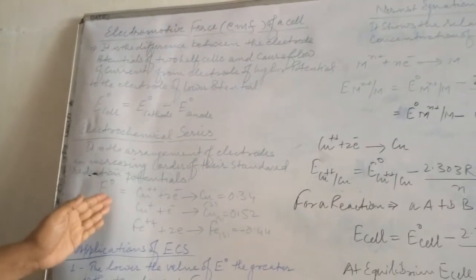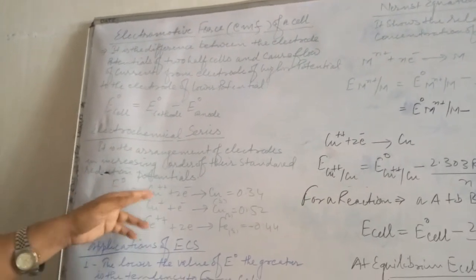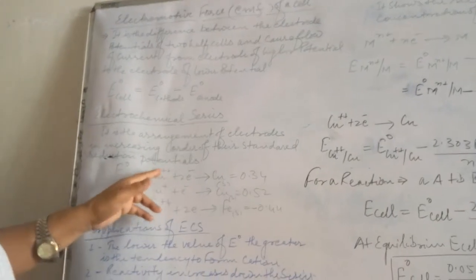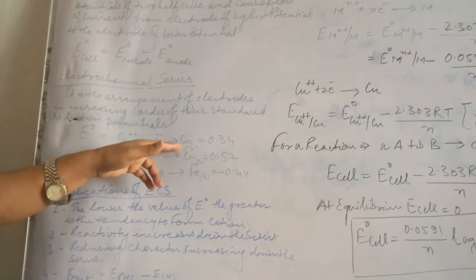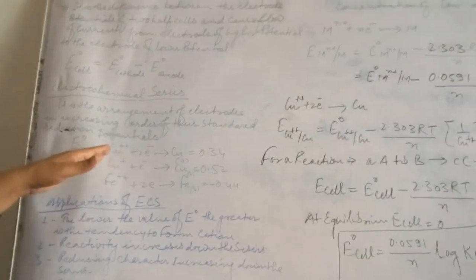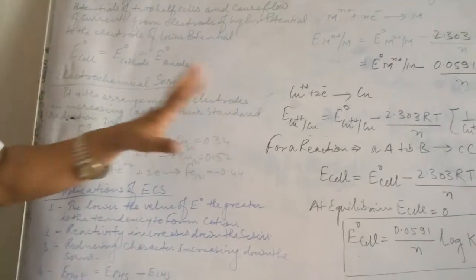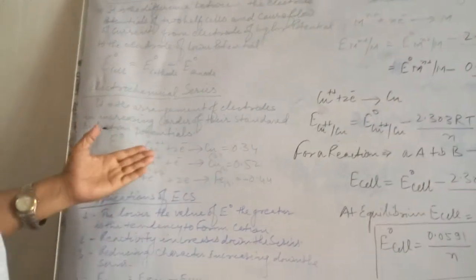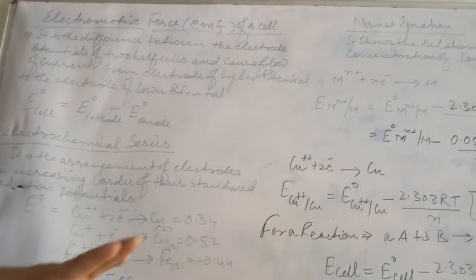Here I am showing 2 or 3 examples, children. E naught is the standard electrode potential, the so-called reduction potential. For the cupric ion, Cu++ gains 2 electrons and becomes copper metal, the reduction potential is 0.34, whereas for Cu+ gaining 1 electron to become Cu it is 0.52.